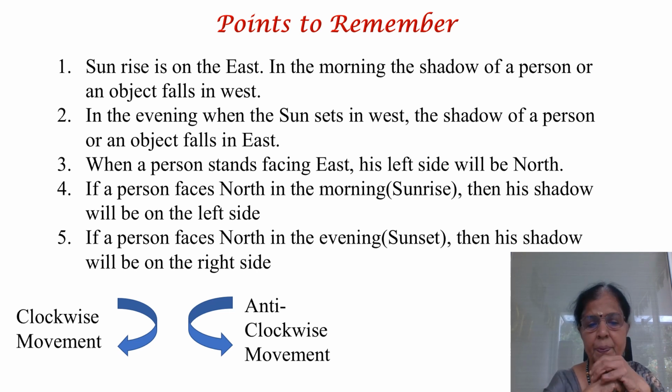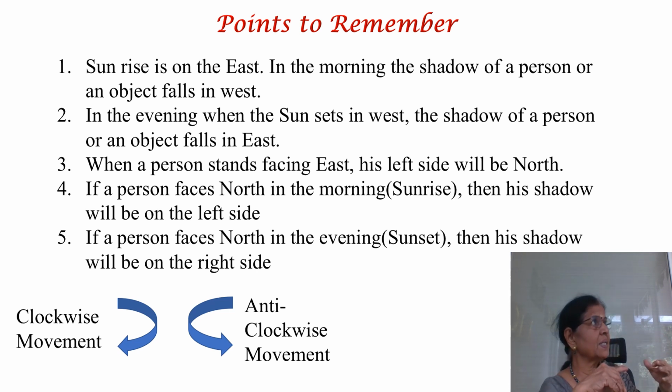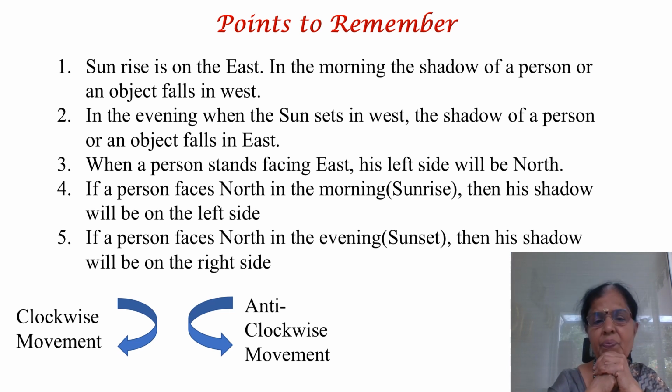And if a person faces north in the evening, that is during the sunset, when the sun will be on his left side, the shadow will be on his right side. So if you remember these points, it will be easy for you to solve any problem on directions.